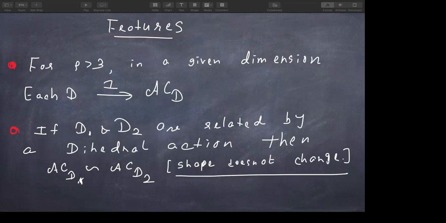Okay, so here's just some features, I'm just summarizing them. For P equal to 3, we got Accordiohedra, and I'm just distinguishing P greater than 3 because this is not as neat as Accordiohedra. But for each dissection, we get one Accordiohedron, which is just called ACD. And there is some small property which is interesting: if you take two dissections which are related by just a symmetry, like a dihedral action, then the shapes of the Accordiohedra don't change.